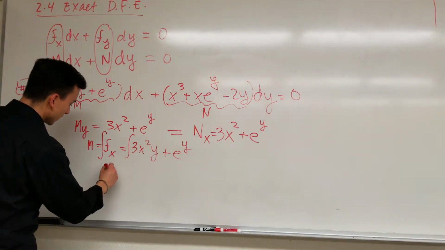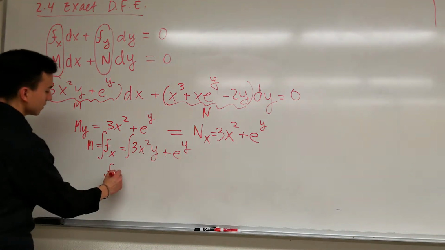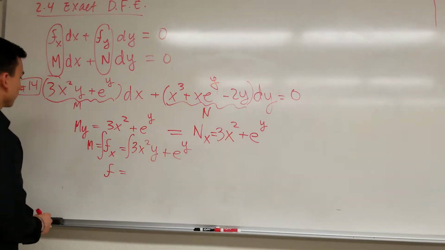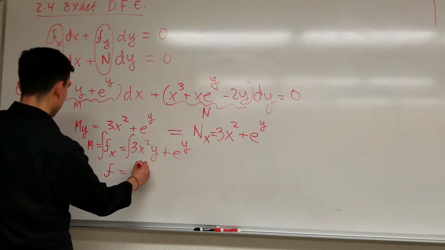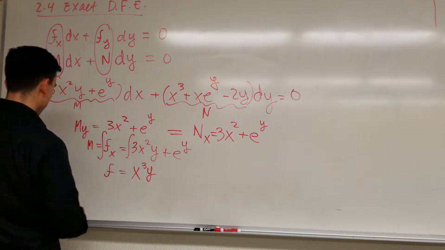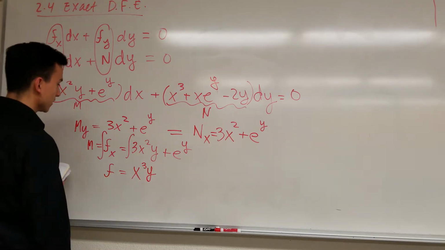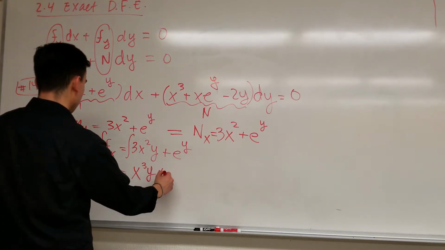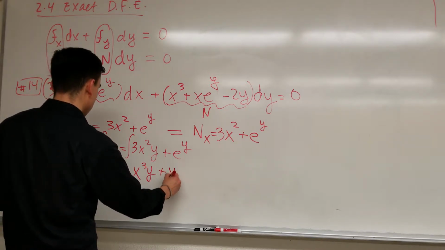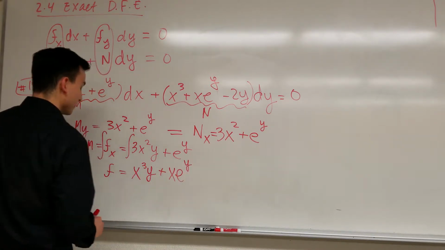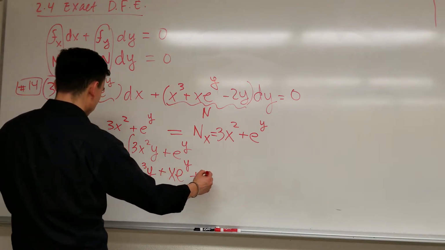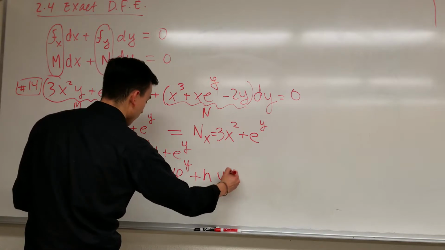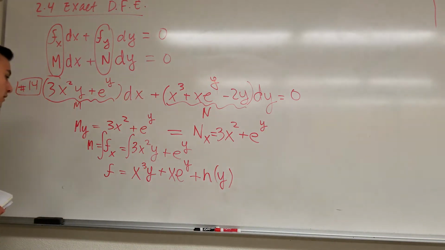So now I get my f all by itself. This is going to be x^3 y. We don't do anything to the y because it's a constant. Plus this x e^y. And like we said before, we need to have that y variable, so it's h(y).